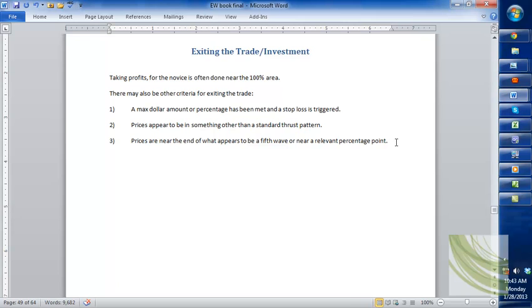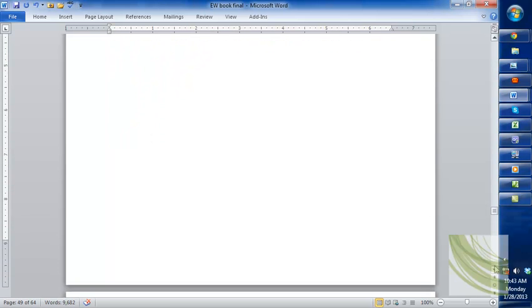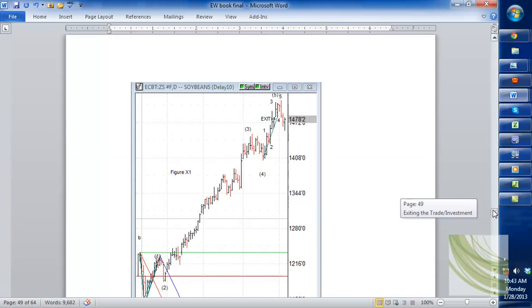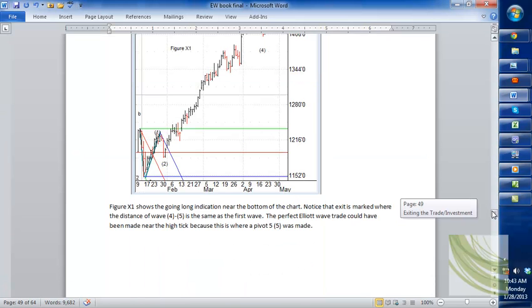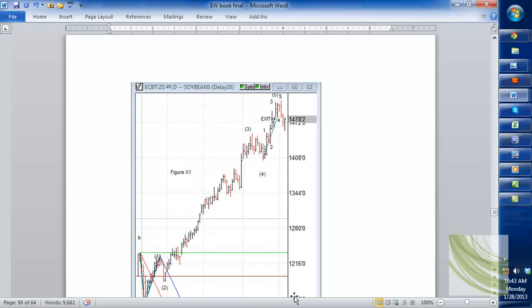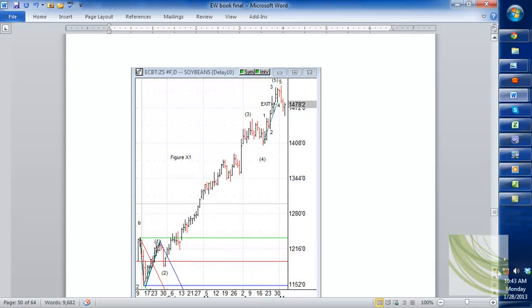Okay, and the other one would be prices are near the end of what appears to be a fifth wave or some other relevant percentage point, and that might be 1.618 or 2.618 as we've seen before.